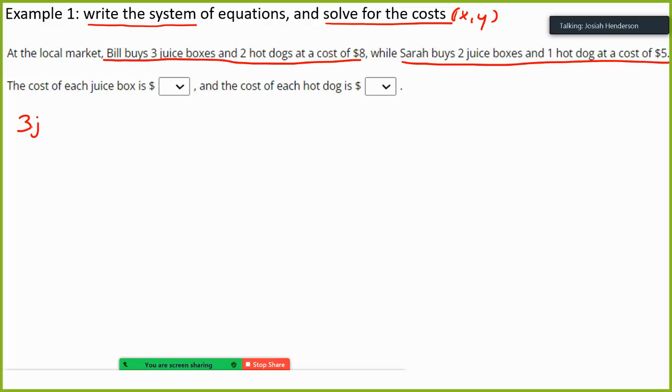So 3 juice boxes plus 2 hot dogs is equal to $8. So there's Bill's equation. Sarah, 2 juice boxes and 1 hot dog is $5. So we've written the system. This is our system of equations.